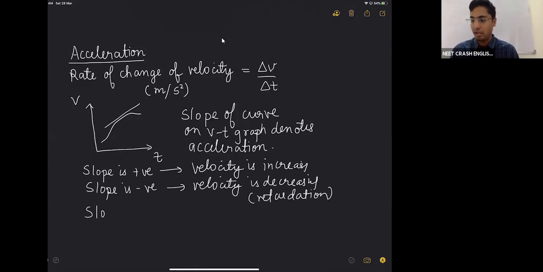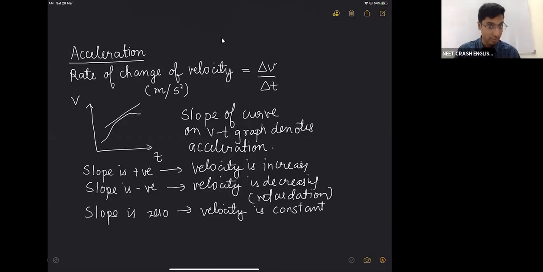If the slope is 0, velocity is constant. It's not 0. Slope is 0 does not mean velocity is 0. Velocity is constant, which means it's uniform motion.